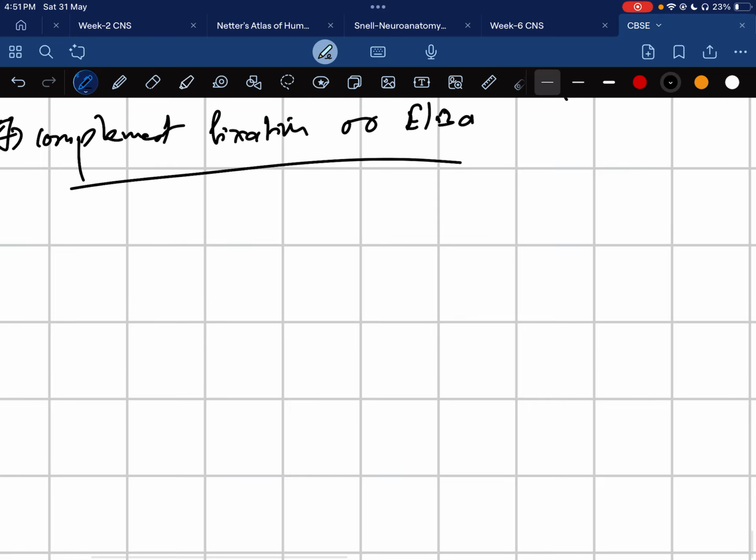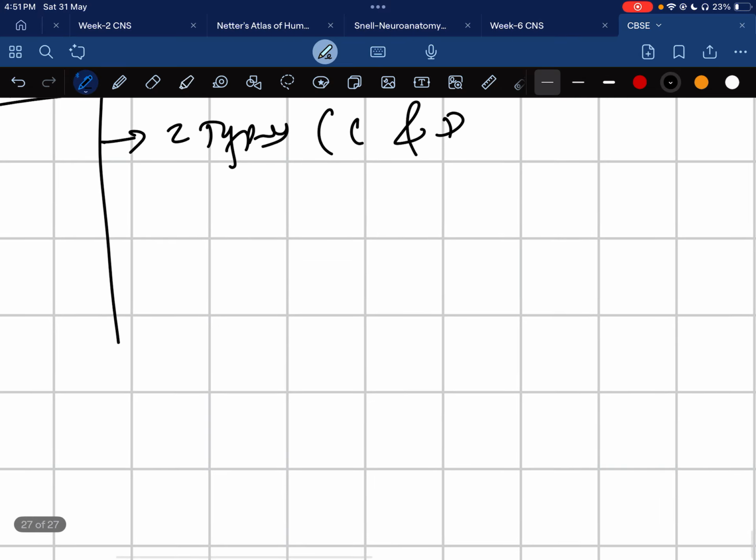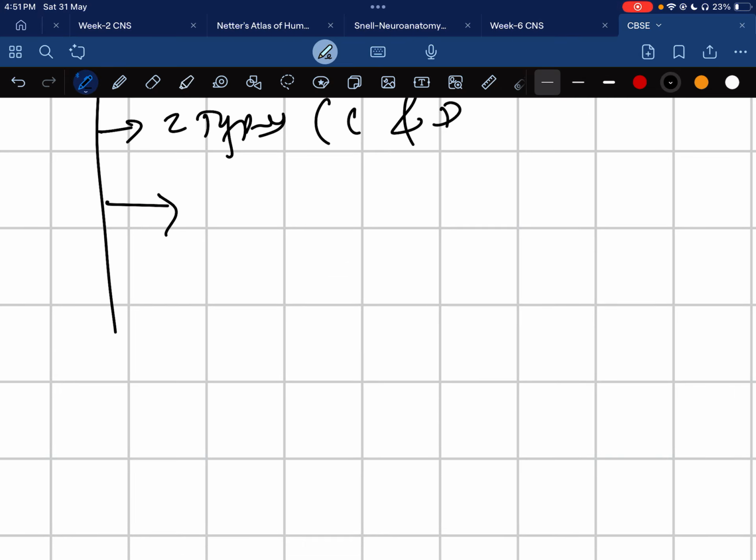By complement fixation or ELISA, there are two types of antigen, C and D. C means coreless: the antigen is heated, with an empty, non-infectious virus.